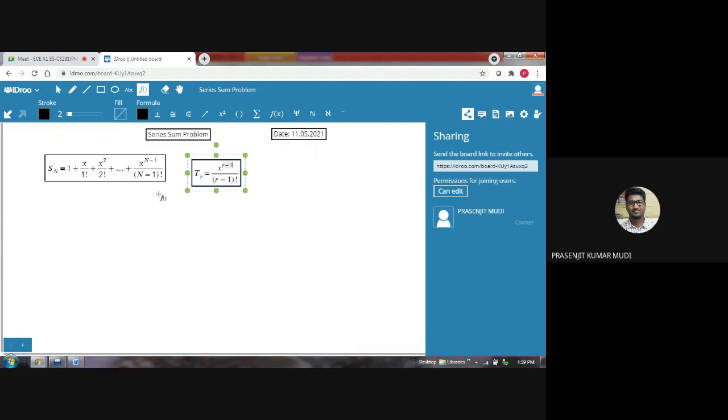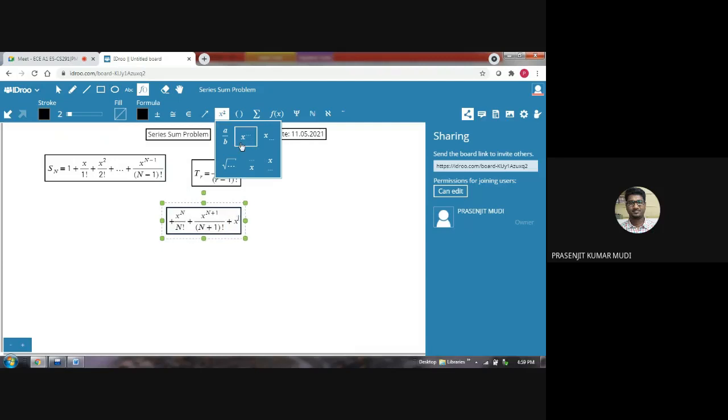Okay, so the part of the series expansion after this nth term is like plus x to the power of n by n factorial plus x to the power of n plus 1 by n plus 1 factorial plus x to the power of n plus 2 divided by n plus 2 factorial, right?